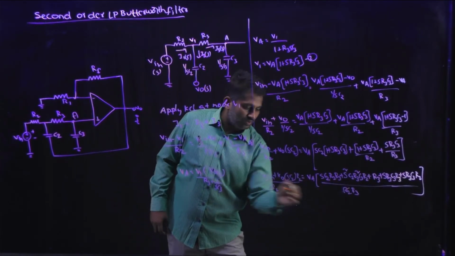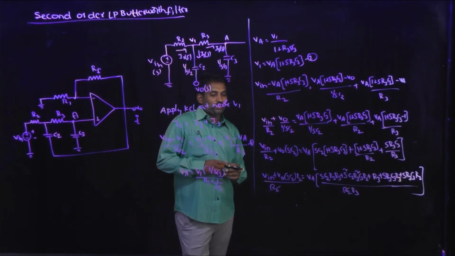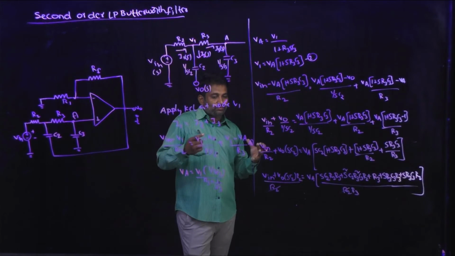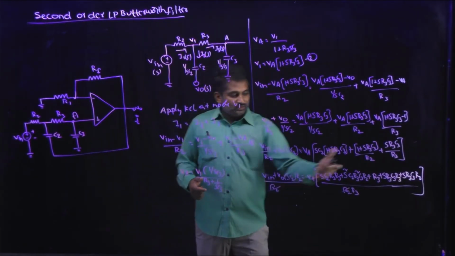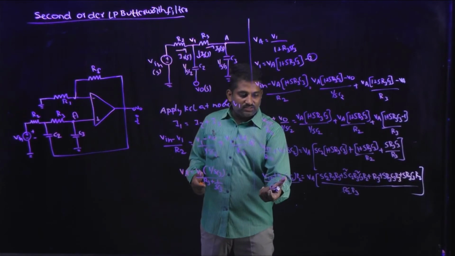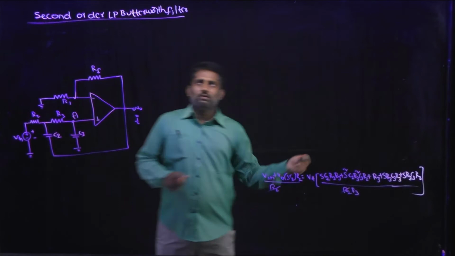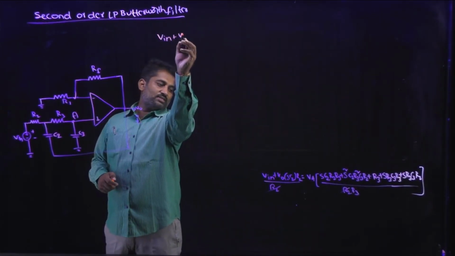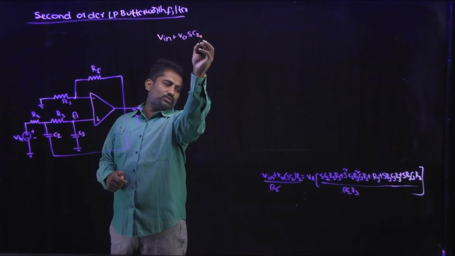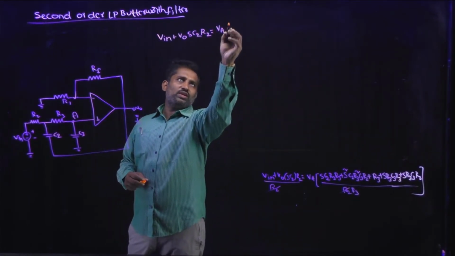The R2 cancels. Then what you want is the value of VA, so bring this term to the other side, and you can easily get the value of VA. Once again, write down this equation: Vin plus V0 S C2 into R2 will be equal to VA.